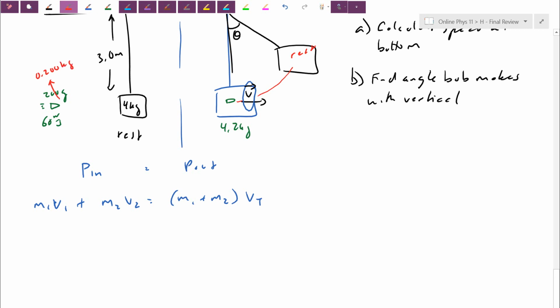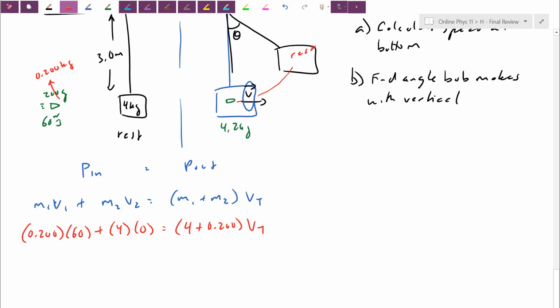So 0.200 kilograms, 60 meters per second here is already SI unit, so that one's fine. So I have a bullet that's 0.200 kilograms. It's coming in at 60. My mass is 4 kilograms, but it's at rest, so 0. Later on, that's where I got my 4.2 from. I took the 4 and I added this 0.200. Let's find out what the final velocity is supposed to be.